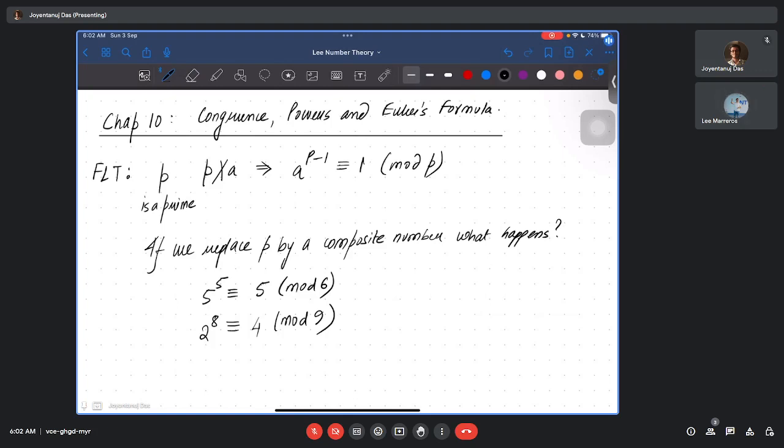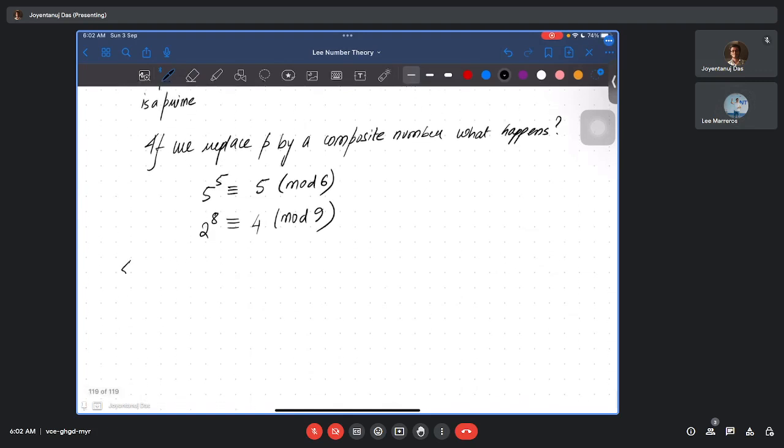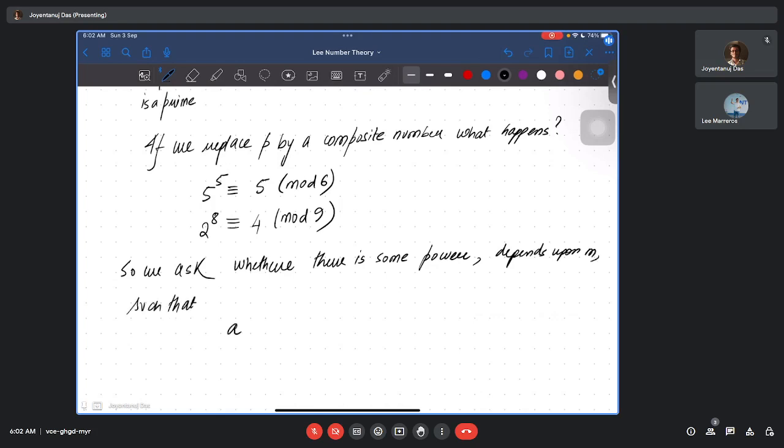So the natural question we can ask is whether there is some power, depending upon m, such that a to that power is congruent to 1 mod m.